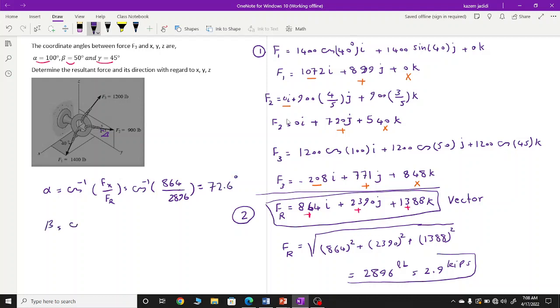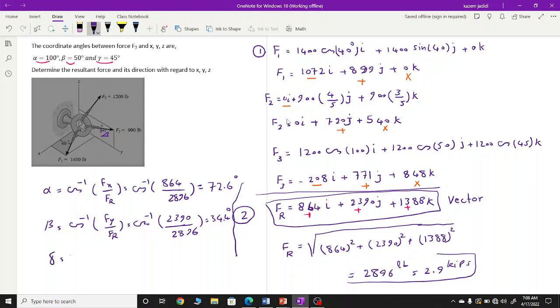Beta is cosine inverse of Fy divided by FR. Some places they call this cosine inverse arc cosine, which is pretty much the same. 2390 divided by 2896, and it's equal to 34.4 degrees.